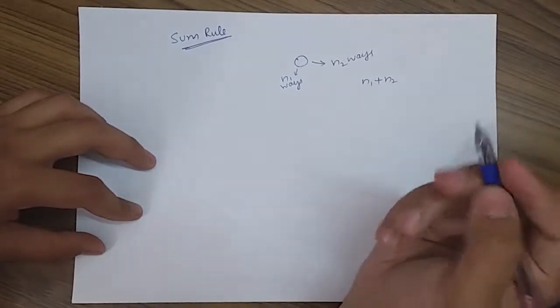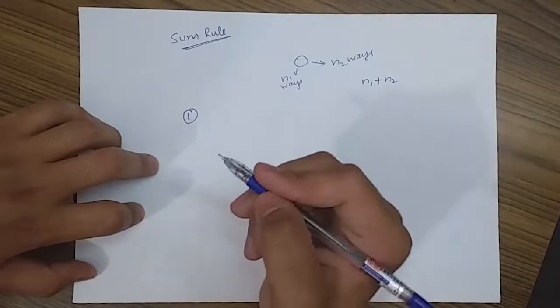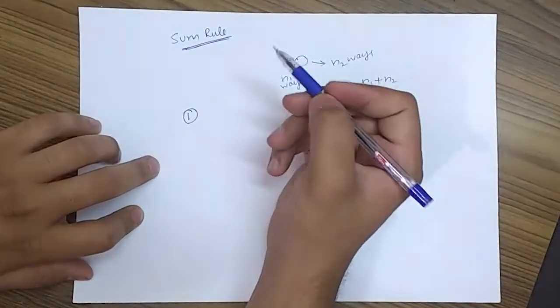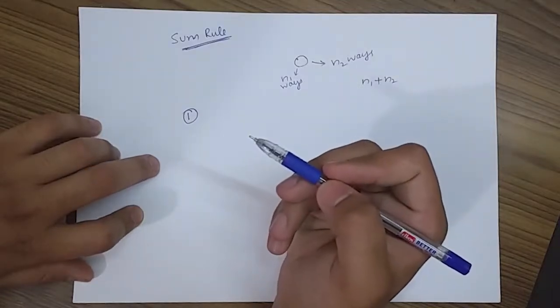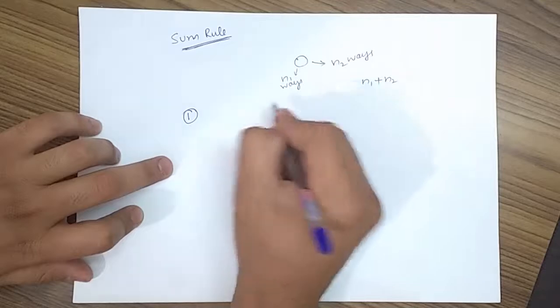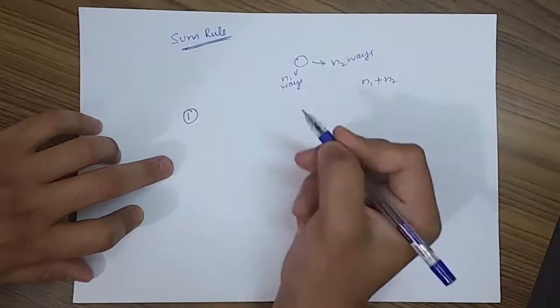Let's look at an example. This is very simple. You won't even know that you are using some rule. This is just common sense. Suppose in a college there is a list of projects. There are 3 lists of projects.